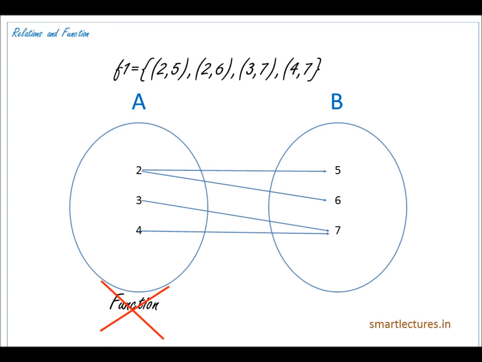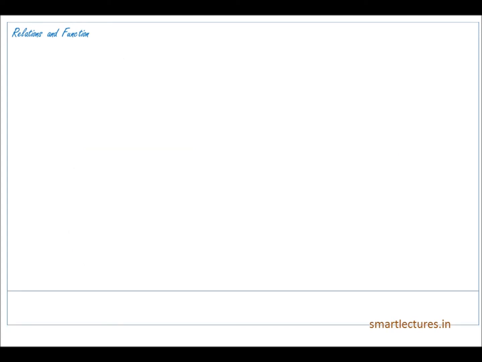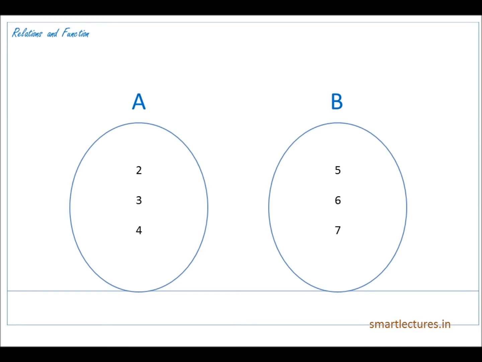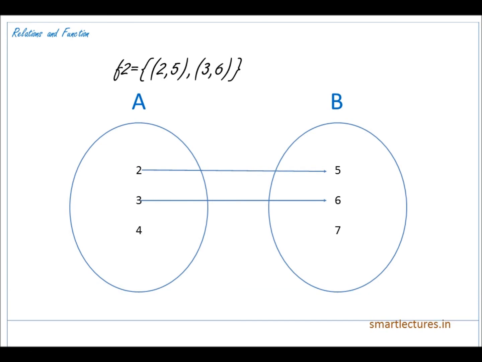Now let's take one more example. For the same sets A and B, suppose we have f2, which consists of 2 ordered pairs, (2, 5) and (3, 6). That means 2 is associated with 5 and 3 is associated with 6. Now let's check whether it satisfies all the conditions to be a function.